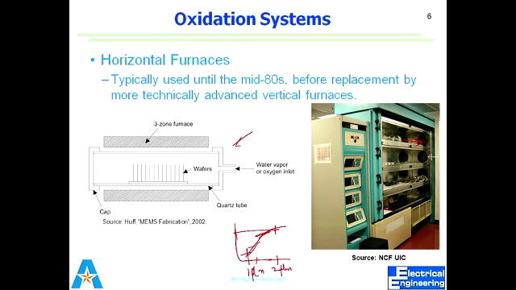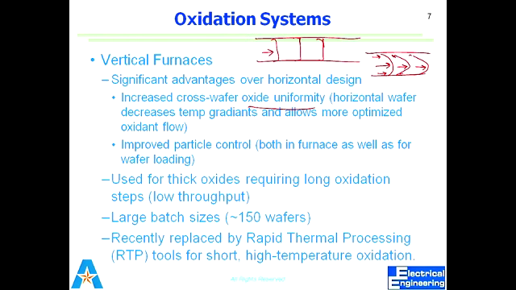The heat needs to move across the wafer surface. That's why in the horizontal furnace, we may not have a very uniform cross-wafer oxide layer, because the heat distribution is not uniform across the wafer surface.